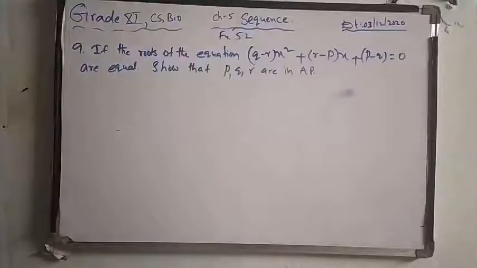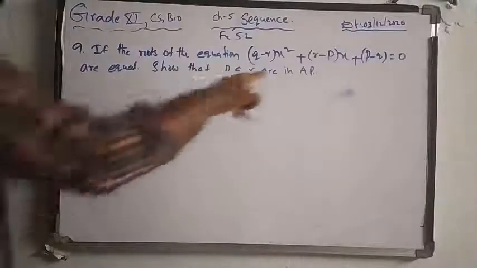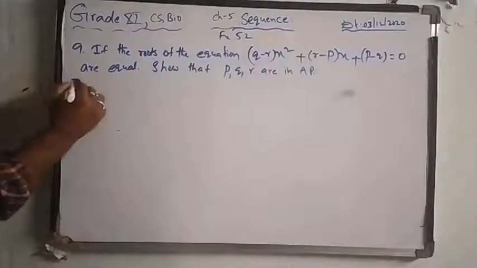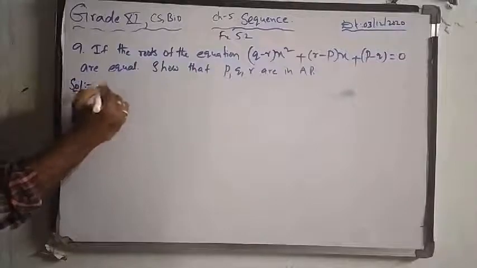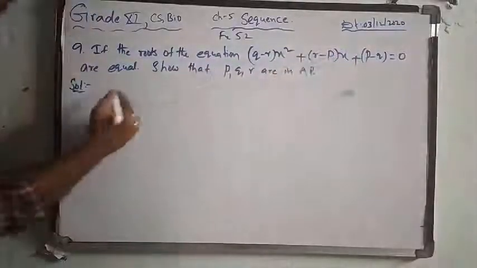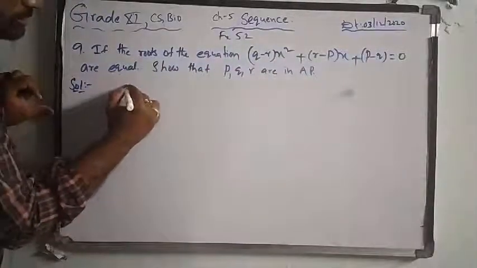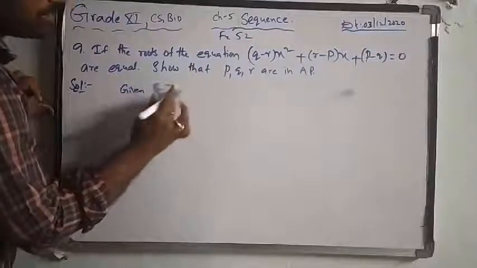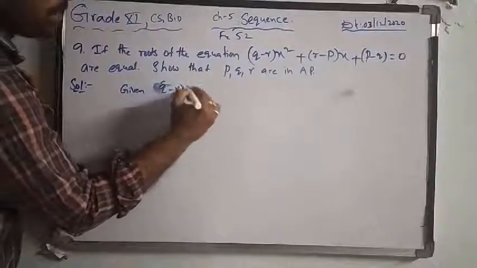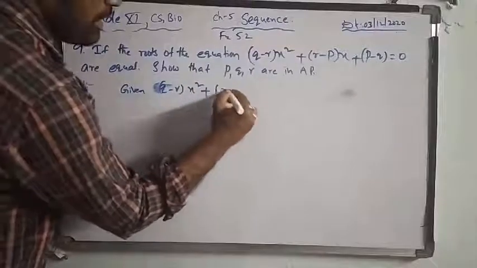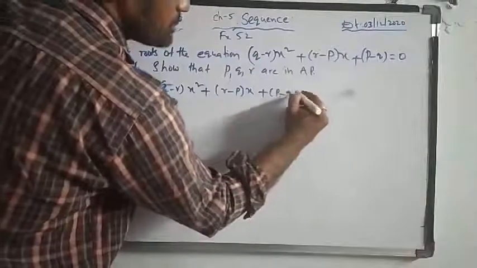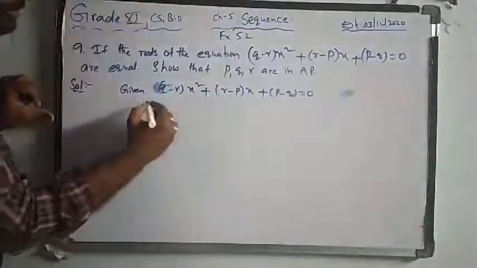Okay, next, 9th question. If the roots of the equation are equal, then show that p, q, r are in AP. So we know that this is a quadratic equation, which is given as (q minus r) x square plus (r minus p) x plus (p minus q) equals 0.